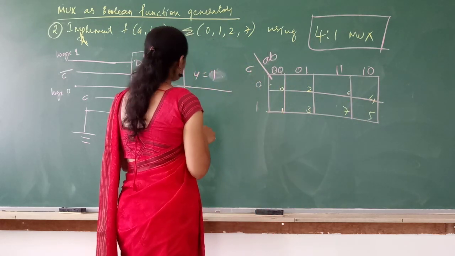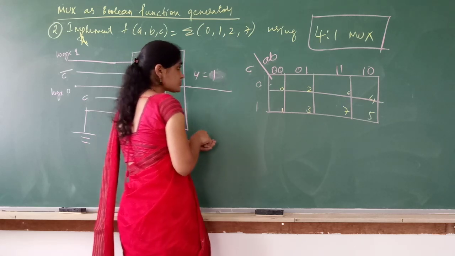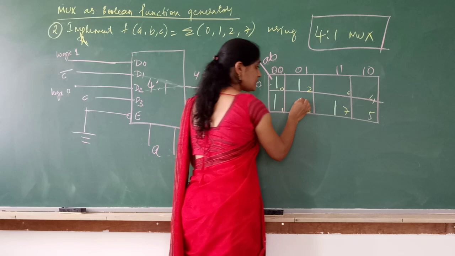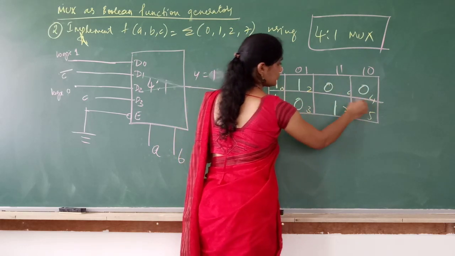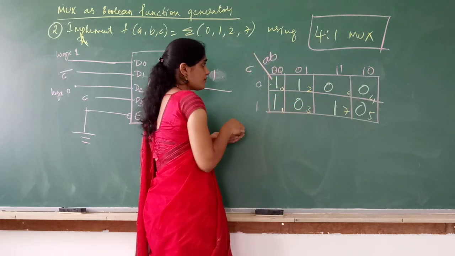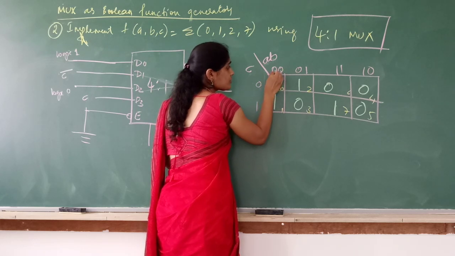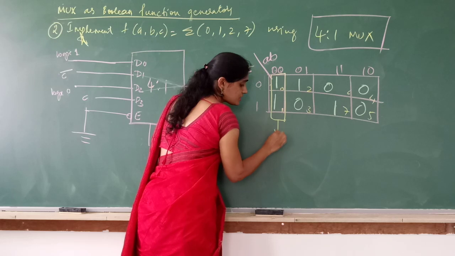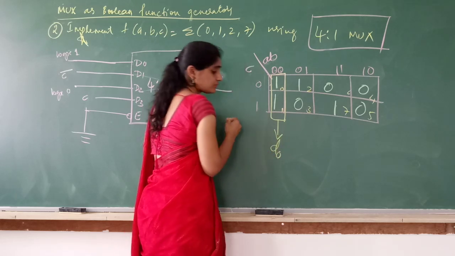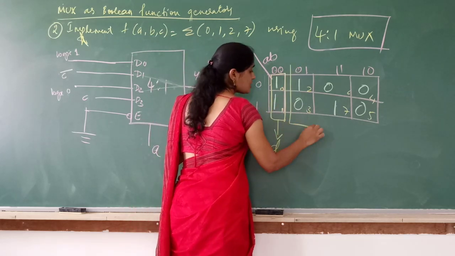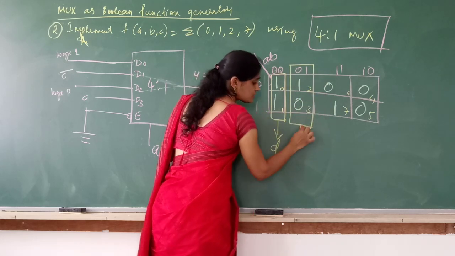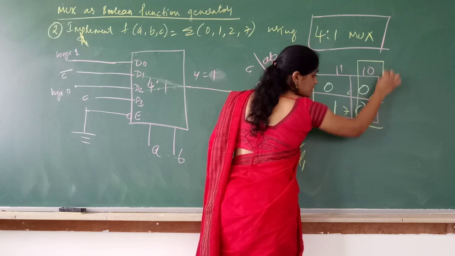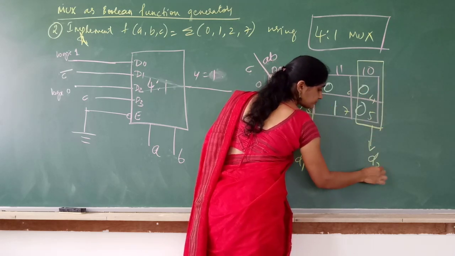Okay. So now, fill the min terms: 0, 1, 2, 7. Other cells are 0, right? Now AB is 0, 0 for these two cells, so this corresponds to D naught. AB is 0, 1 for these two, 2 and 3, so this will be D1. 1, 0 will be D2. 1, 1 will be D3.